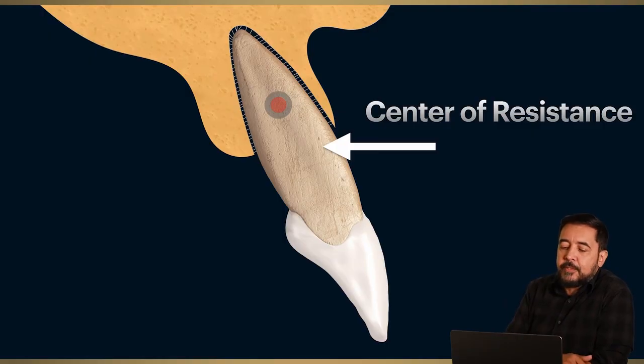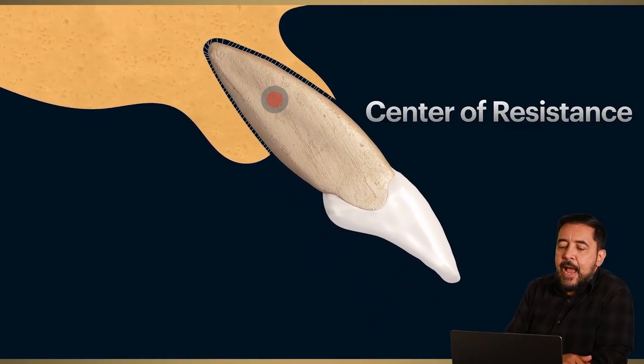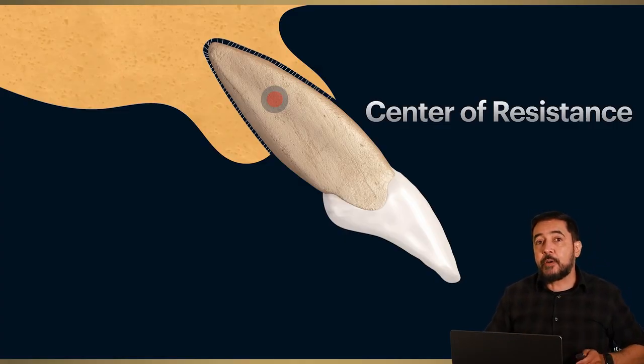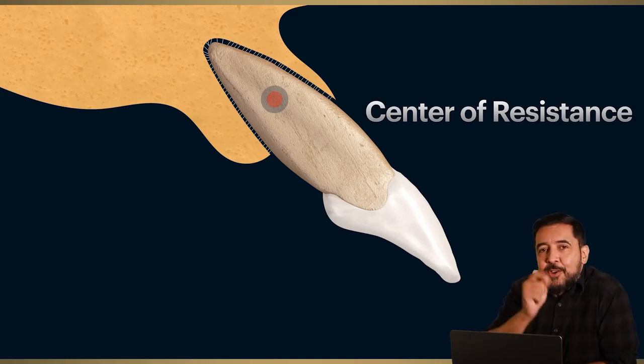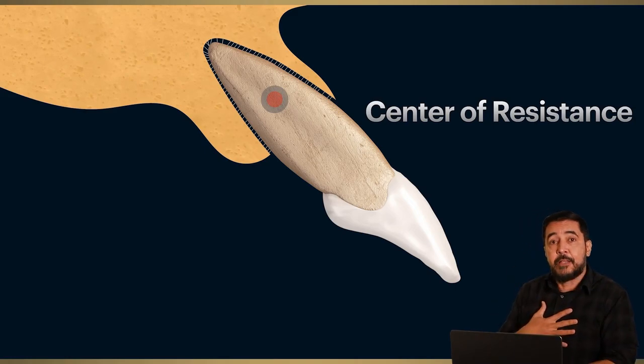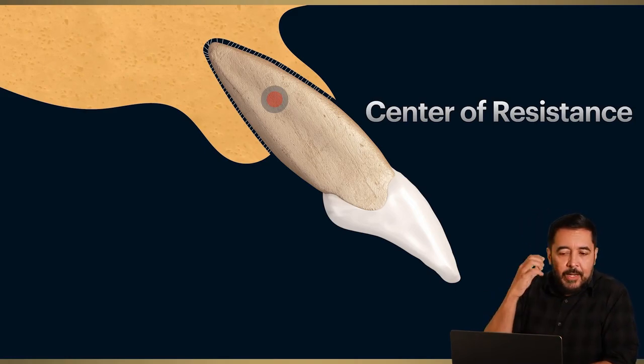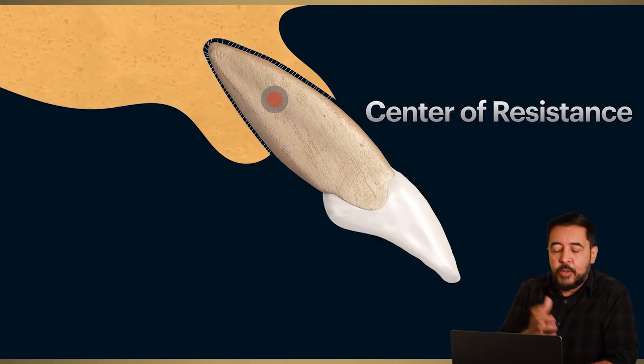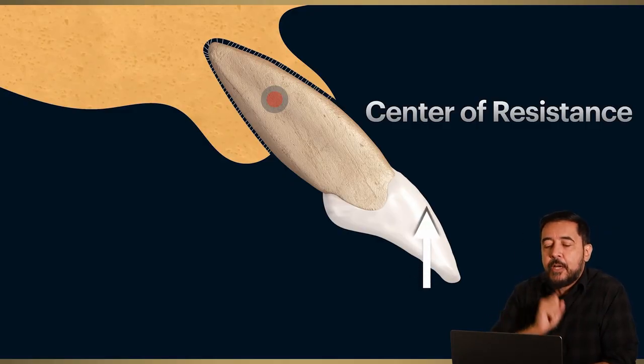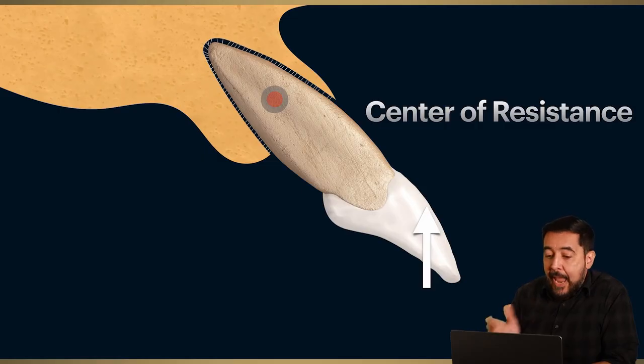So here we have this different condition, and I need to calculate all the time the center of resistance related to the line of action of the force I'm applying, in all the movements, in a three-dimensional view. Now, for example, I'm applying this force upwards.